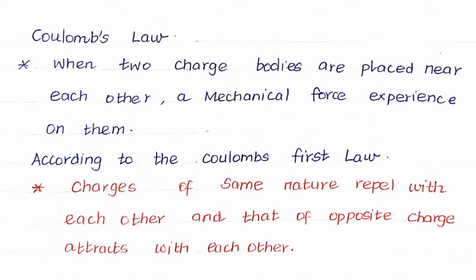Then Coulomb's law. When two charged bodies are placed near each other, a mechanical force is experienced by them. According to Coulomb's first law, charges of same nature repel each other and charges of opposite nature attract each other.